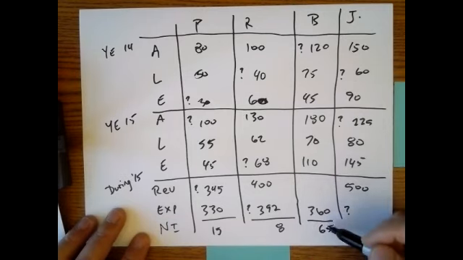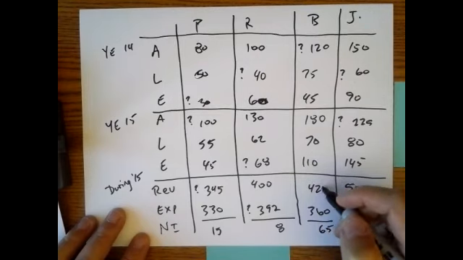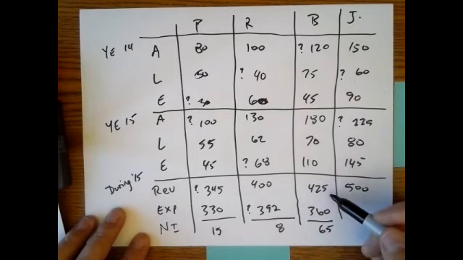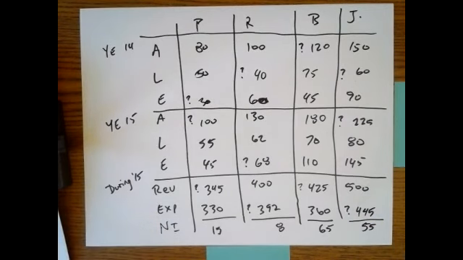So 360 plus 65 gives us 425, so their revenues must have been 425. And then finally, Jaffe has 500,000 in revenue, but they had a change in equity from 90 to 145. That's an increase of 55, so they must have had 55,000 in net income. 500 minus 445 gives us 55.